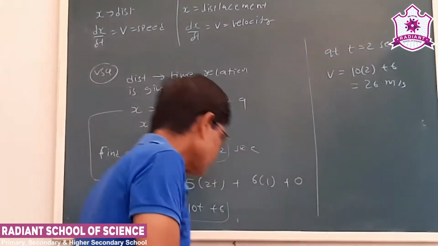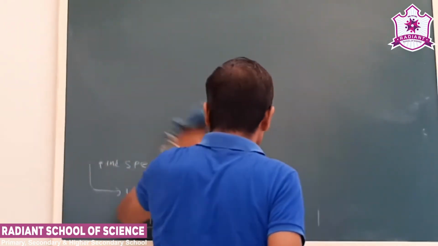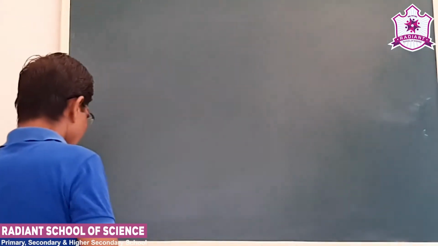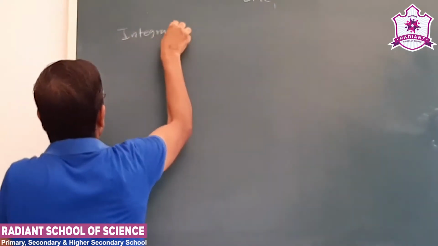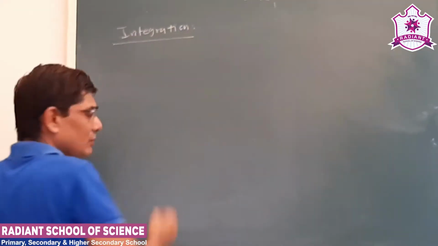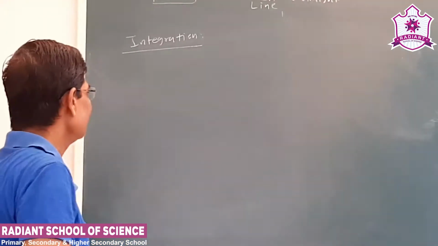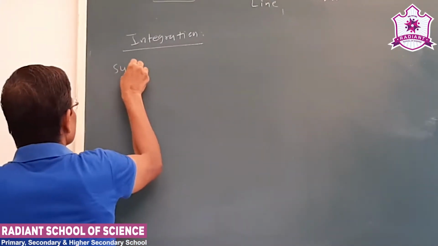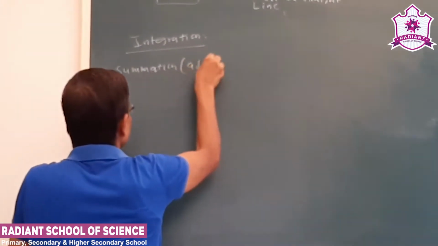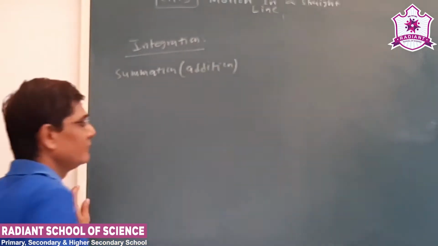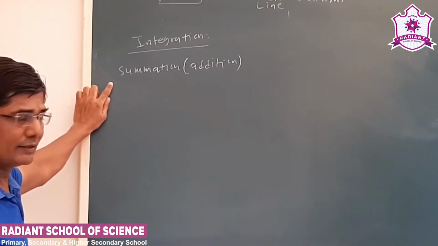Now next we have to see integration. Integration is also a very important mathematical tool. Whenever we have summation or addition to find out, we have to go for integration.